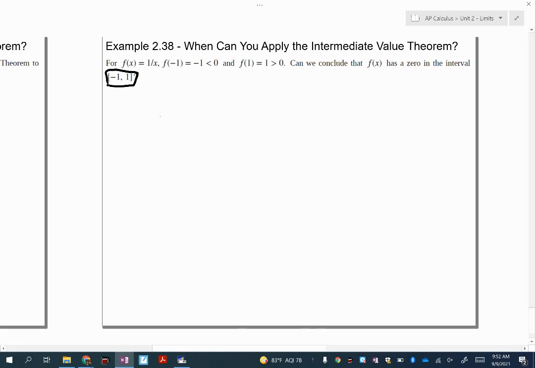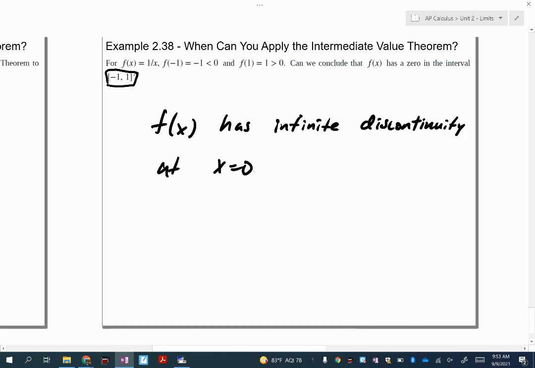So, f of x has an infinite discontinuity at x equals 0, so we cannot use the intermediate value theorem.